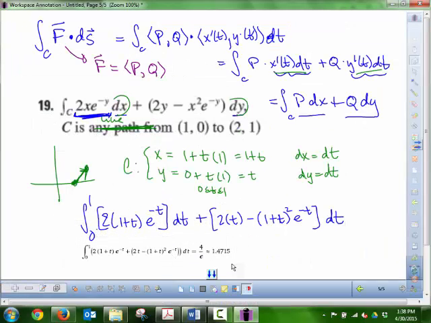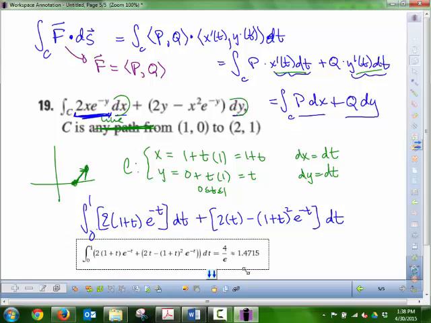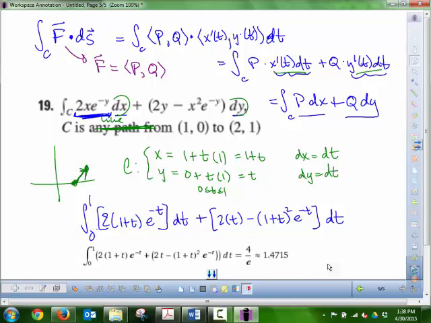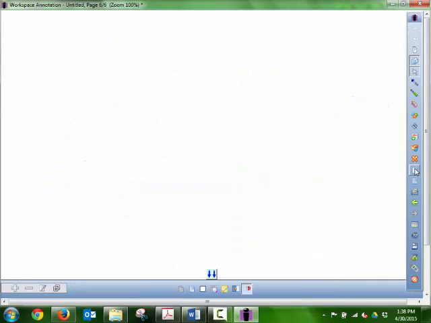Now that we're comfortable dealing with line integrals, let's talk about this particular problem and the way the problem was stated. So remember calculus?